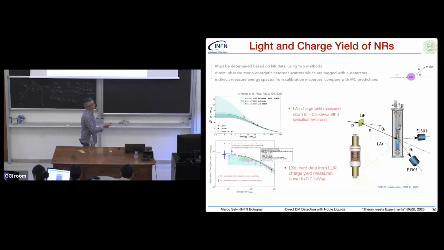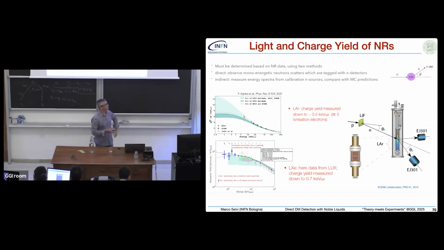So now I need to skip some of the slides due to time constraints, but just to flash you that there are a lot of measurements done specifically on these points, because it's crucial to determine from the experimental point of view all these fractions that I mentioned.